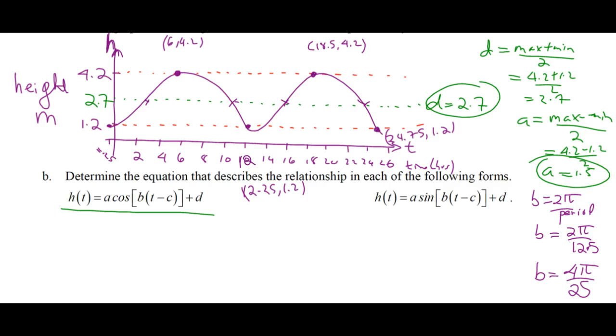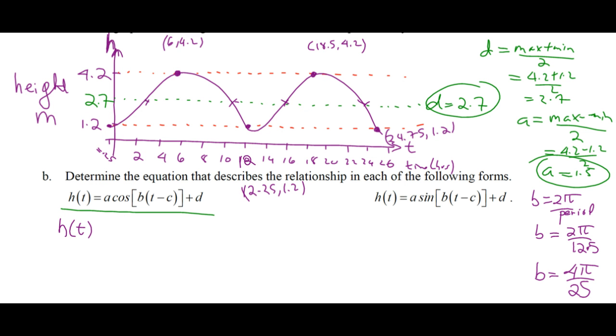As a cosine curve, is A going to be positive or negative? I'm going to make it negative and kick it to the left 0.25 hours, right? 15 minutes. Why not?